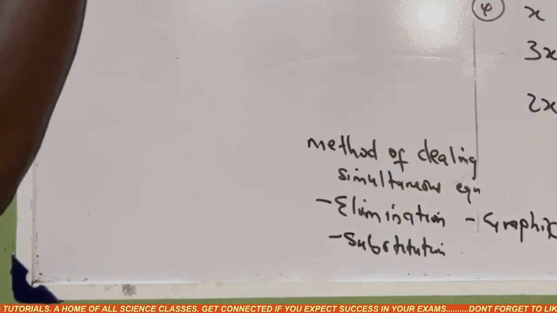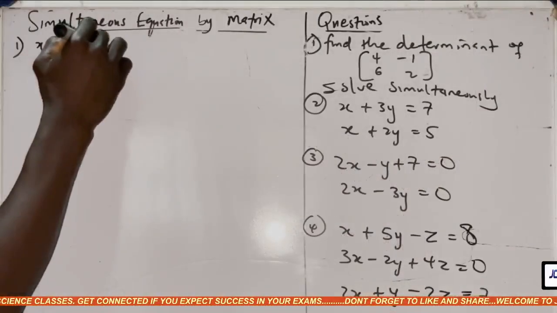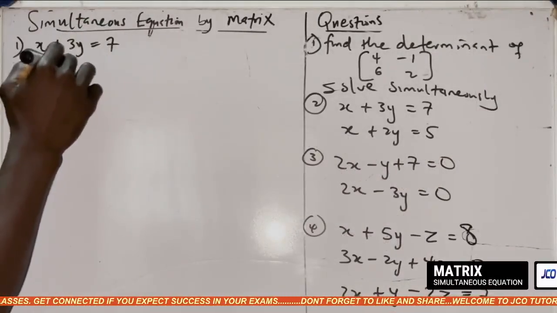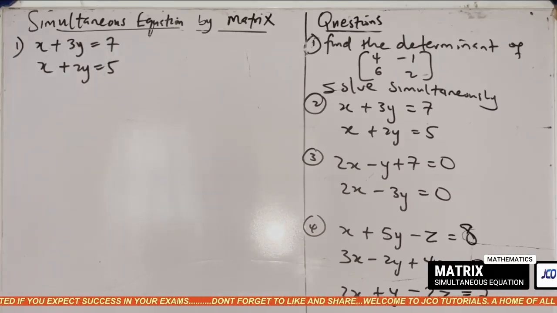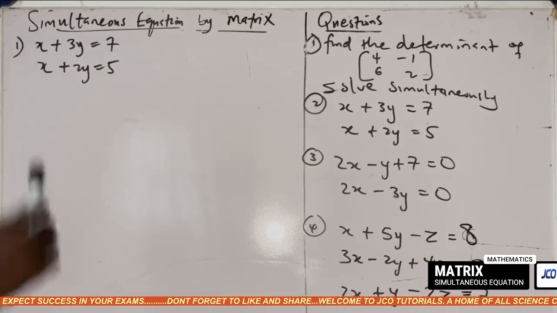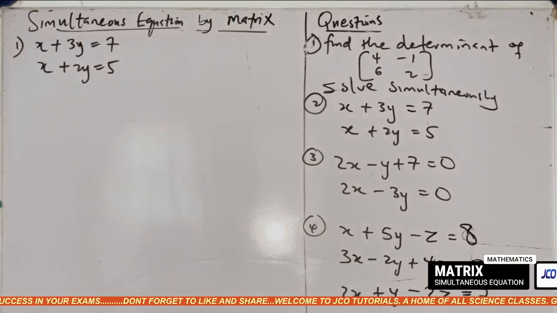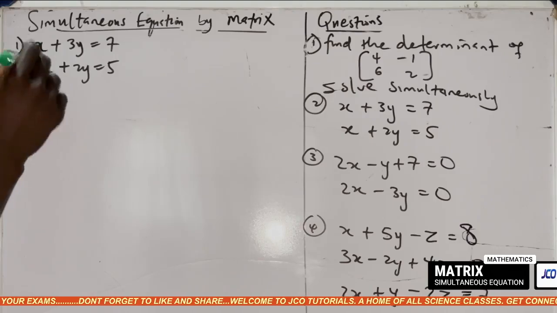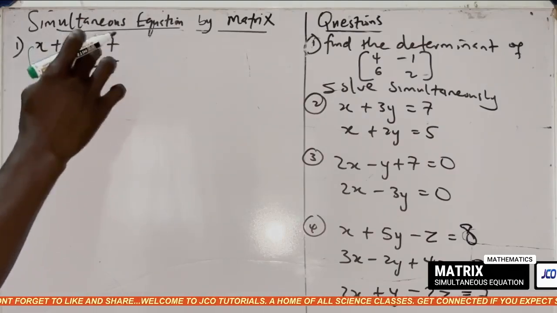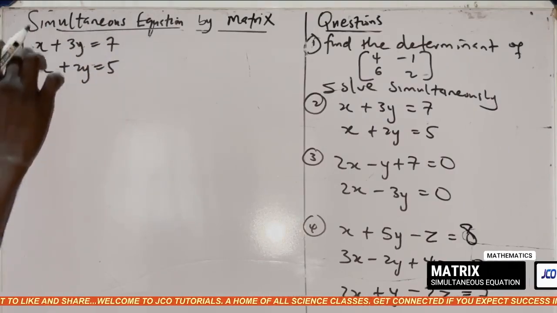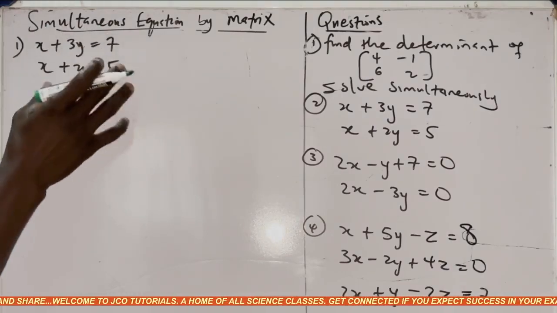Question 1. x plus 3y equal to 7. x plus 2y equal to 5. First of all, check if they are aligned. That is, if the x are on one side, then the y are on one side. So the x, they are all on this, the y, they are all on this, and then the constant, you have it there. So I'm going to change it now to matrix.